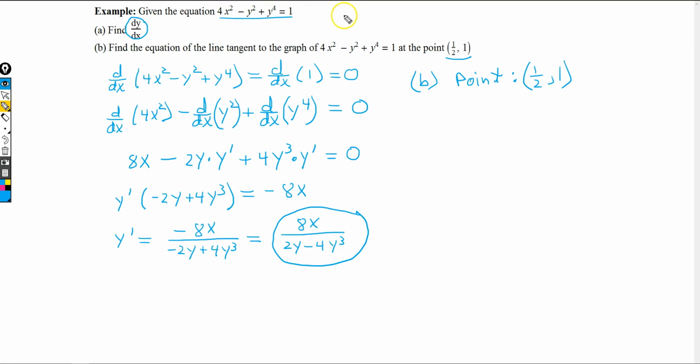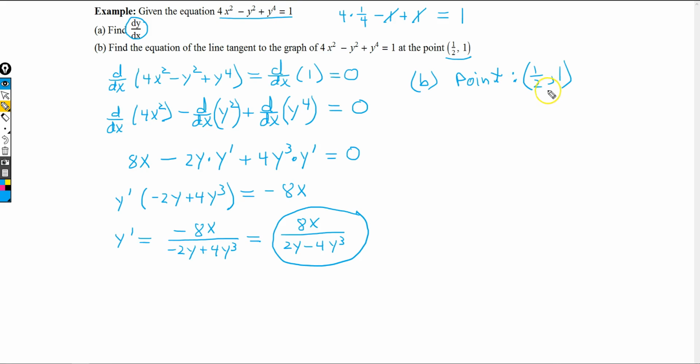Notice if we put 1/2 in for x, we get 4 times 1/4. Putting 1 in for y and 1/2 in for x, notice how these cancel right here. We'll cancel those, and we get back 1, which is the right-hand side. So this point is a solution to this equation, so it sits on that curve.